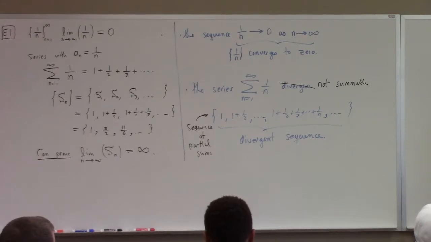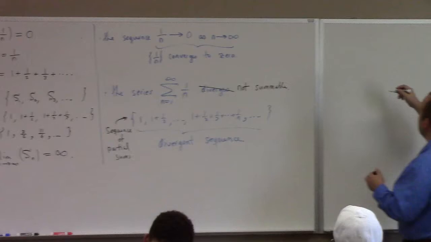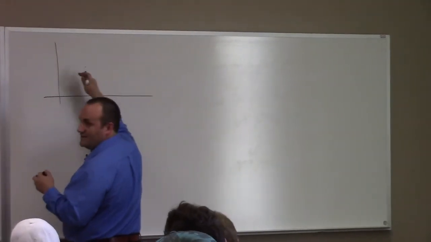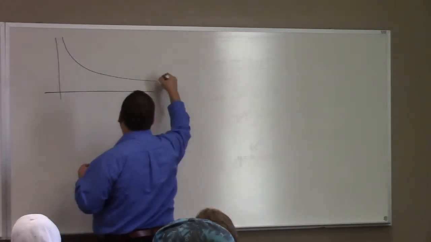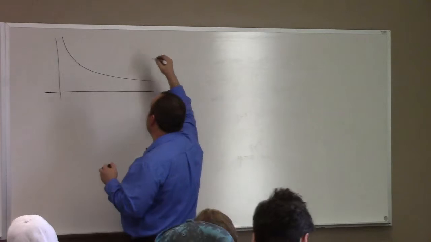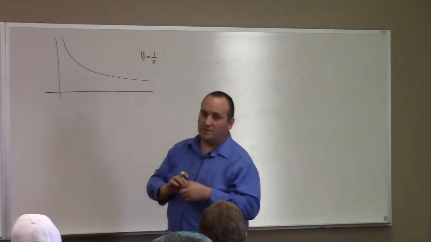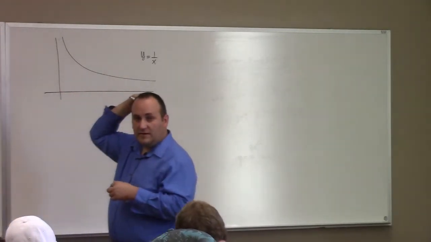Here, let me show you why. Let me just go ahead and give you the proof while we're on it. We can draw a picture to prove it, and in so doing, we'll discover a test. 1 over x looks like this. It's y equals 1 over x. If I wanted to picture the harmonic series, the sum n equals 1 to infinity of 1 over n, what would that look like?